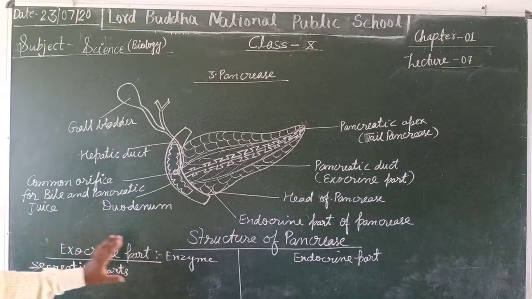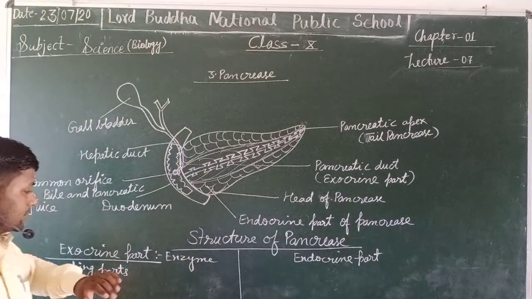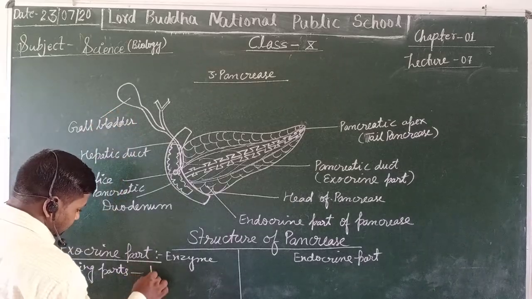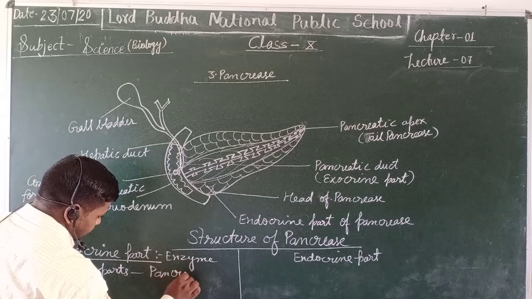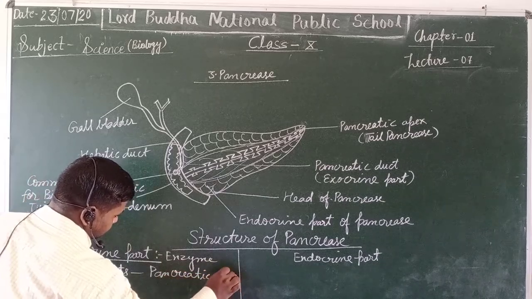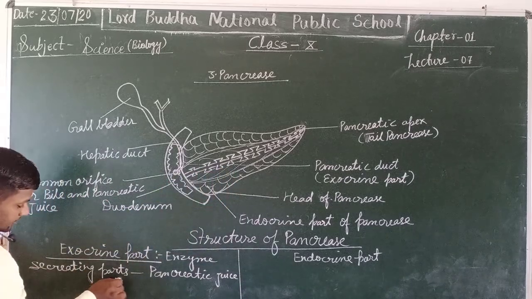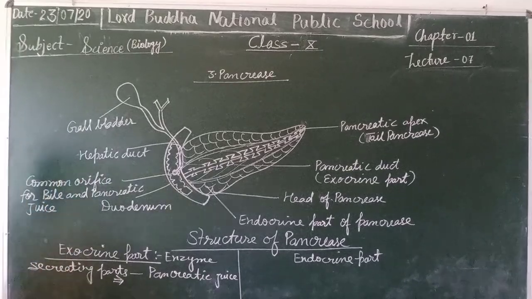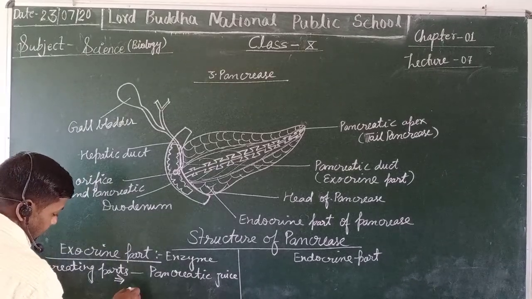The exocrine part of the pancreas secretes pancreatic juice. This pancreatic juice contains 6 enzymes. Yes, students, 6 enzymes.